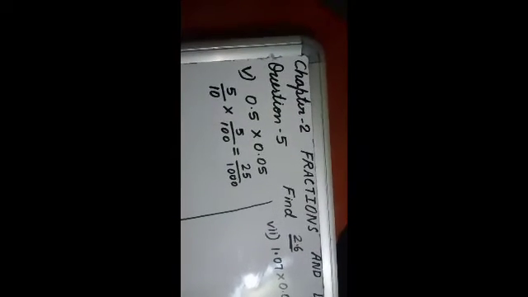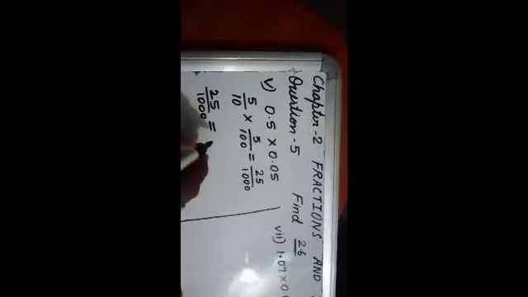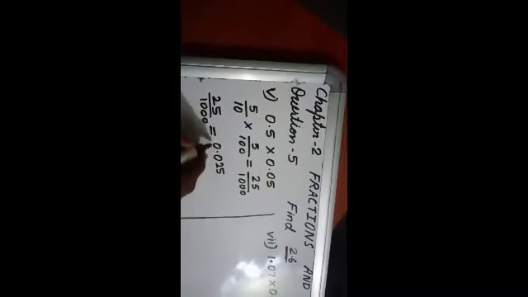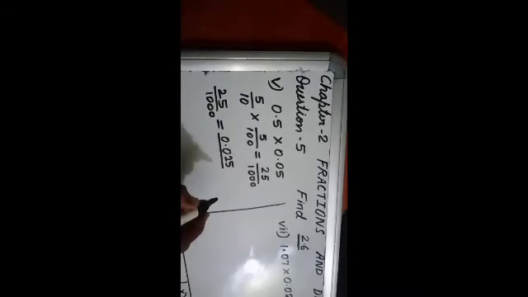So you are getting 5 fives are 25, 25 upon 100. Next, 25 upon 100 you have to write in the form of decimals. So 25 upon 100, there are 2 zeros. If you leave 3 places after the decimal, then your answer is correct.